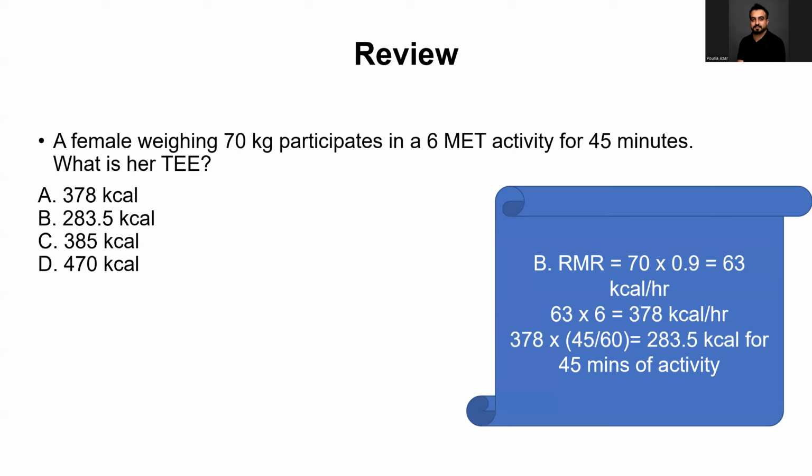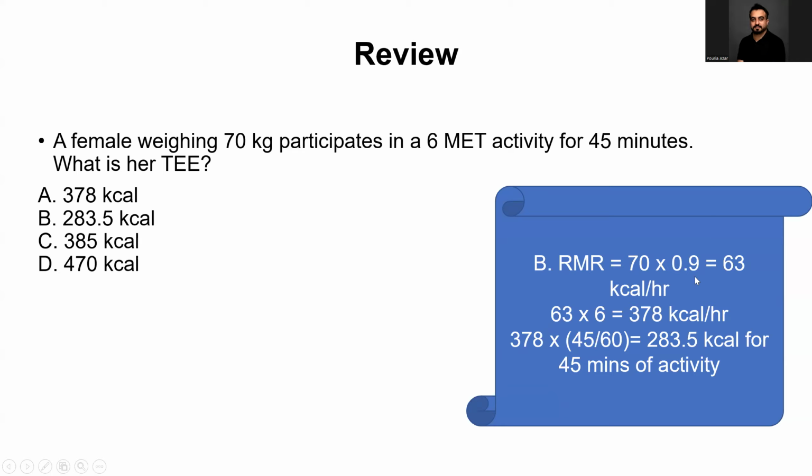The correct answer is B. So we have to multiply the body weight 70 by 0.9, which is 63 kilocalories per hour. And we have to multiply this by 6 because we have 6 MET. We get 378 kilocalories per hour.